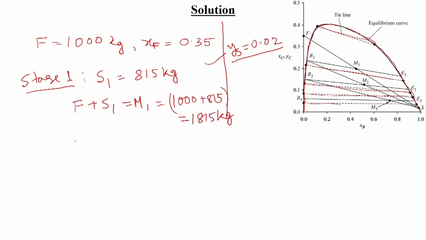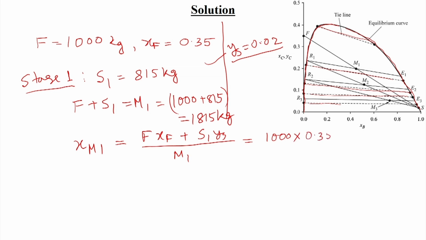Now we will find xm1 from the component balance: F xF plus S1 Ys, divided by the mixture M1. So it is 1000 into 0.35 plus 815 into 0.02, divided by 1815.